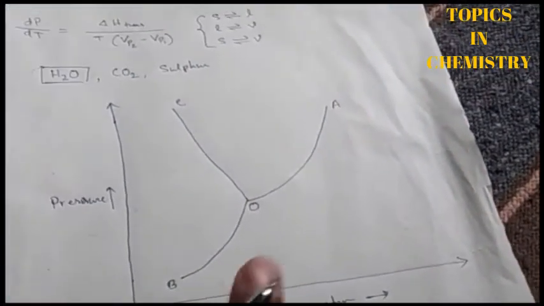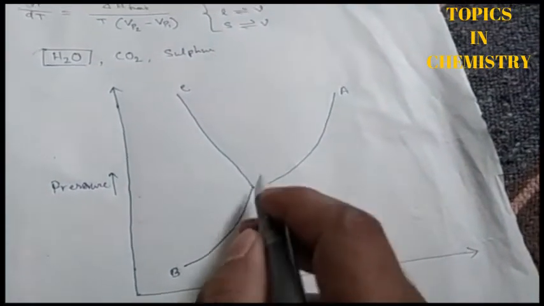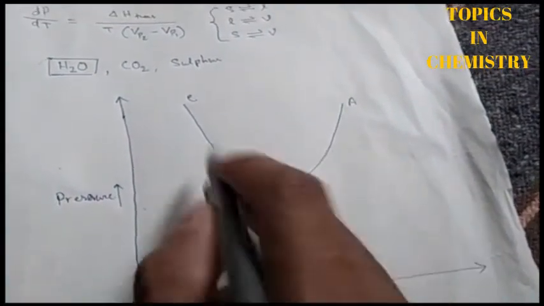Now these three lines come from that equation, dP/dT = ΔH transition / (T (V2 minus V1)). You can see this is the first line, this is the second line, this is the third line.